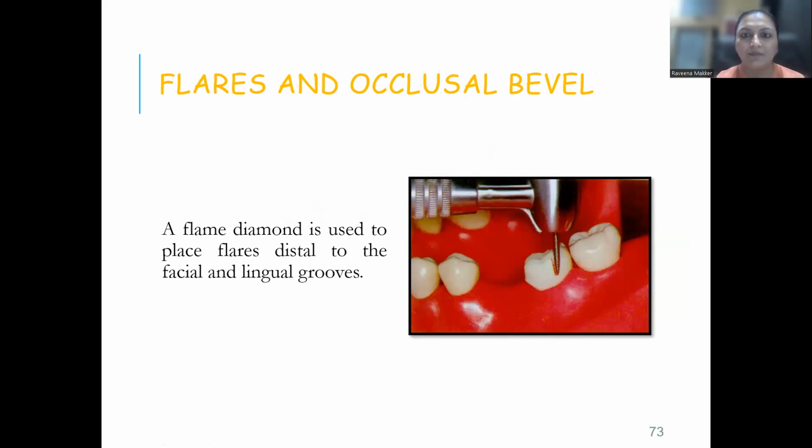Then flares and occlusal bevel. A flame diamond is used to place flares distal to the facial and lingual grooves. In this case, the flares are placed on the distal aspect of the facial and the lingual grooves.